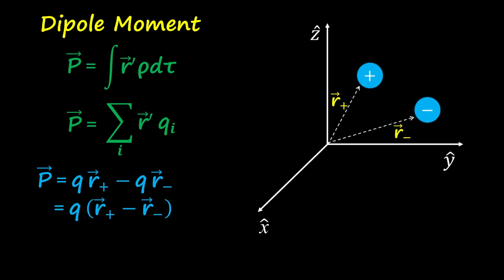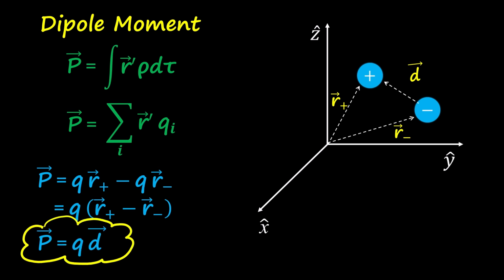Now, the expression inside the bracket, we can replace by a d vector, which is given by the triangle law of vector addition, and we can get the final expression of the dipole moment. Now, here we can see that the dipole moment direction is the same as the d vector direction, which is from negative to positive charge. And that is how the dipole moment direction is defined, that is from negative charge to positive charge.